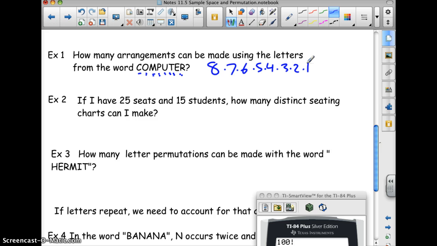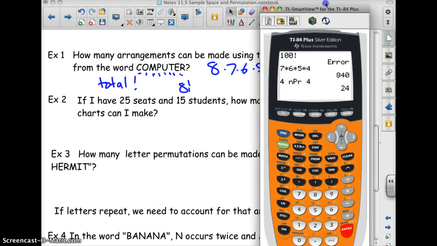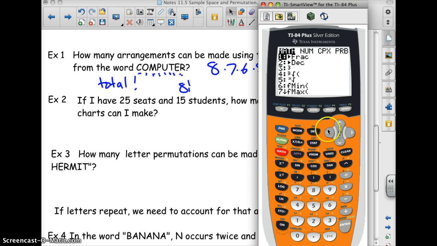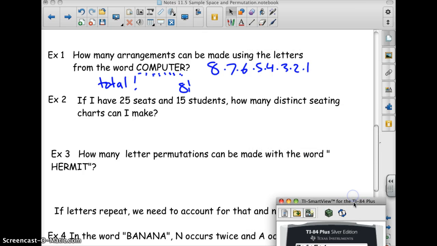Which is actually equal to the total number factorial, 8 factorial. Okay, and then you can evaluate that, 8, MATH, PRB, factorial, enter, 40,320.